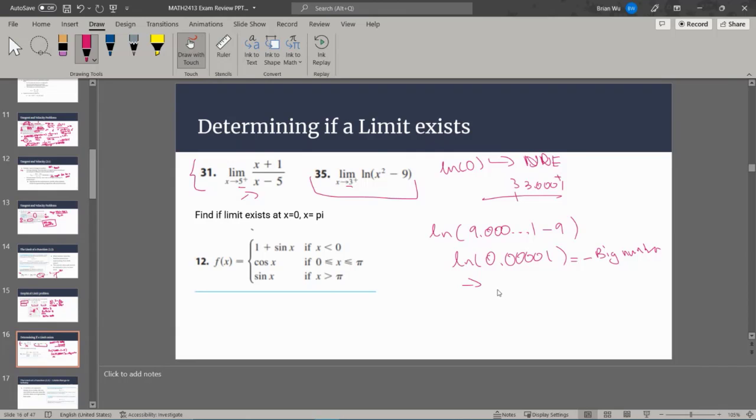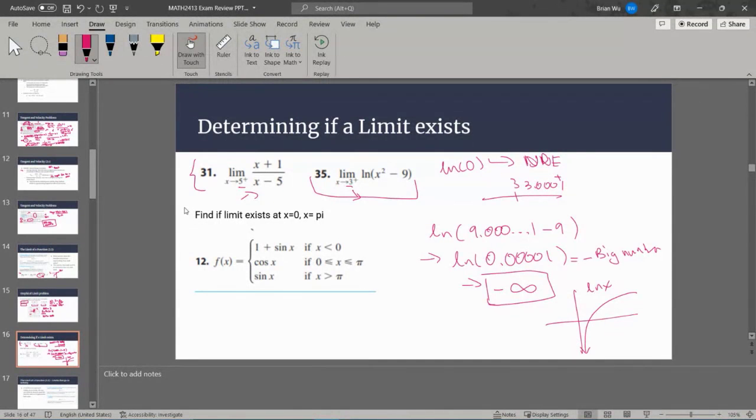And this would lead us to assume that as we get closer to 3, you're also getting closer to 0, which means that ln of 0, or close to ln 0, would be negative infinity. And you can also intuitively derive this by knowing what the ln graph looks like. So that is also a method that's applicable.